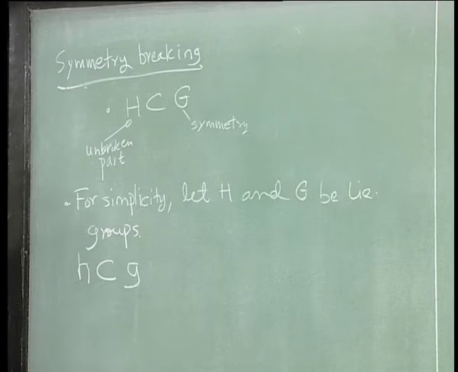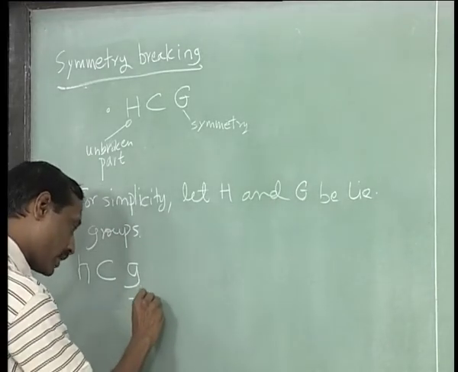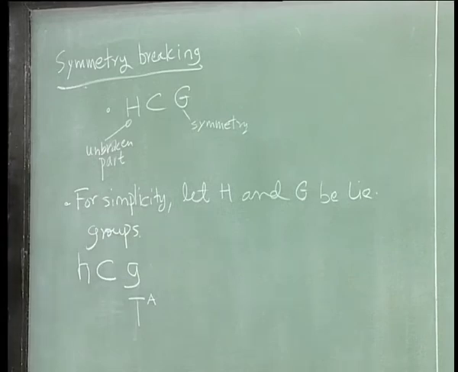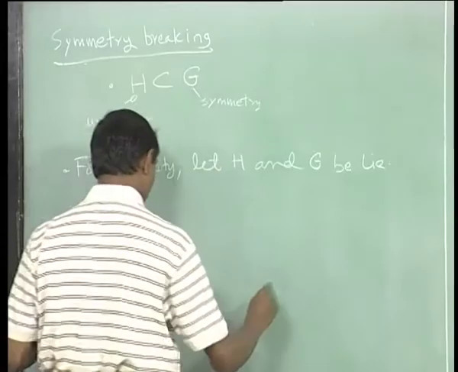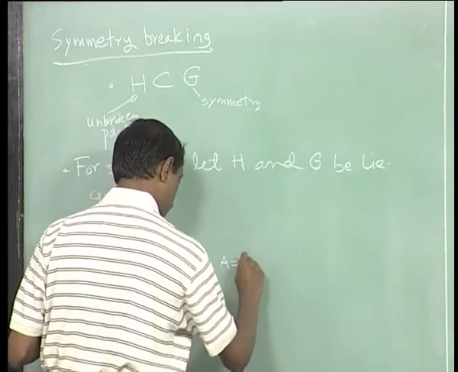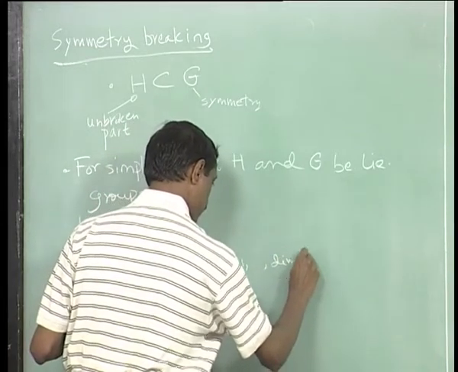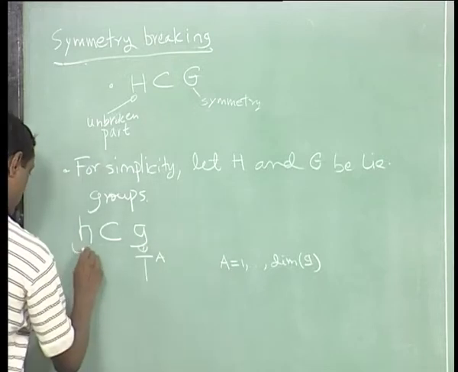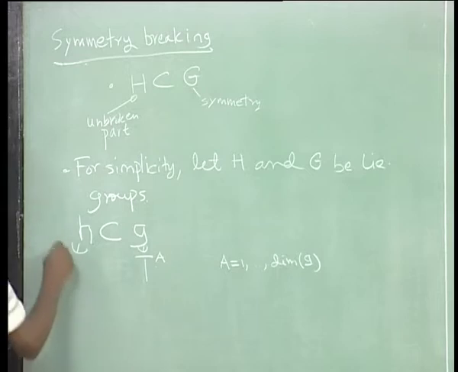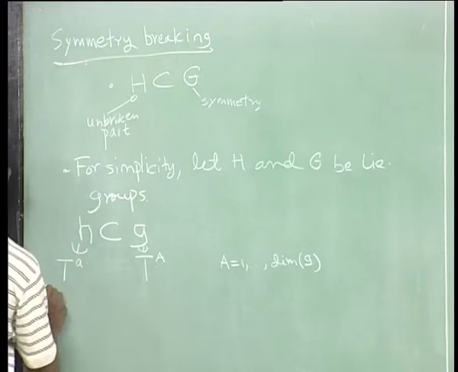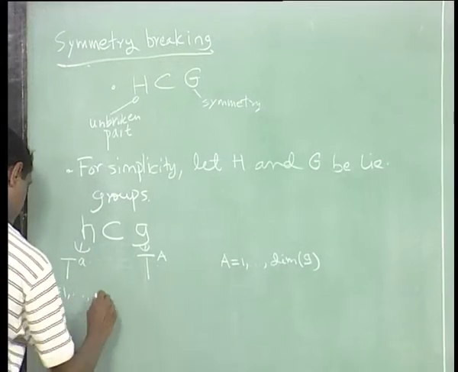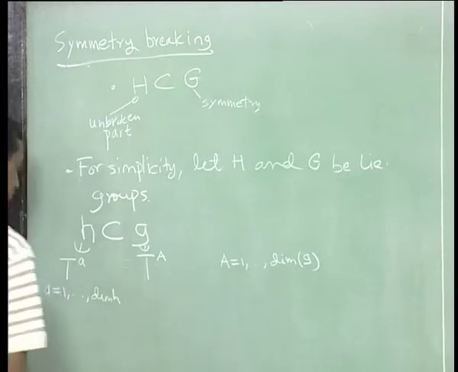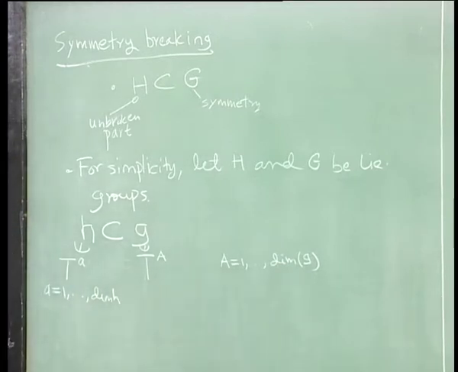Now let us say that we choose T, let me choose capital A, and let us say that A runs over the dimensions of G, and this has a bunch of generators. So this is a basis for this algebra. Similarly, I can have another T, let me use a little a index, and a will run over the dimension of the Lie algebra H.